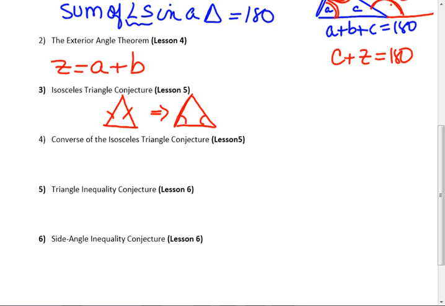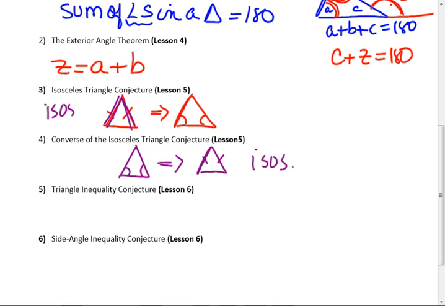So if they tell me it's isosceles, I really know a bunch of stuff. I know that two sides are equal. I know the base angles are equal. What if they tell me the base angles are equal? Then what's true about the sides? They're equal. Or the triangle's isosceles.